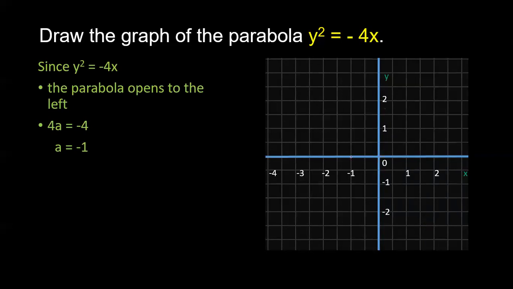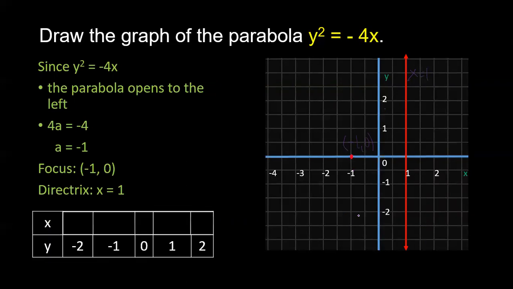So your focus is at (negative 1, 0), and your directrix is at x is equal to 1. So negative 1, 0, and this one is x is equal to 1.